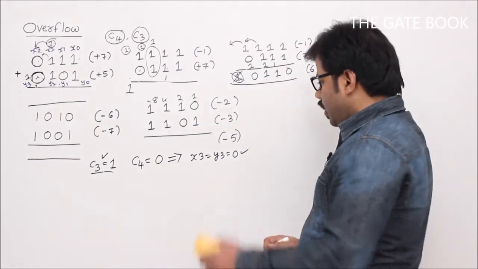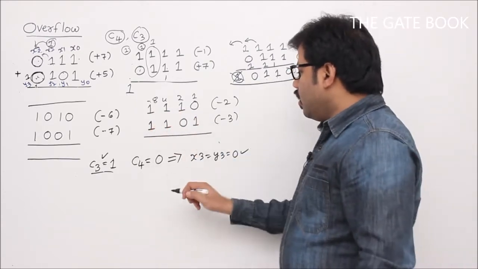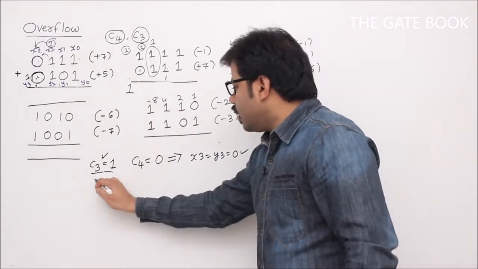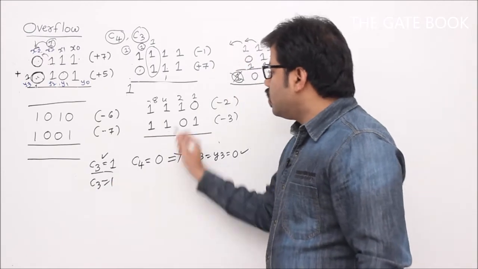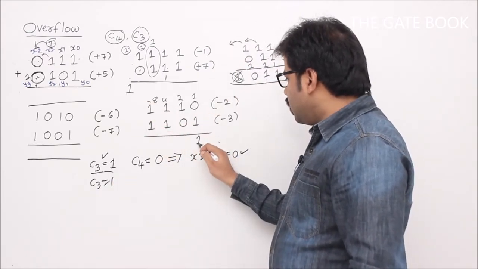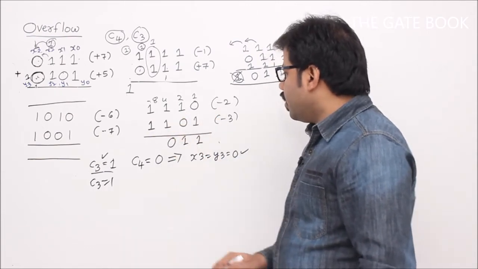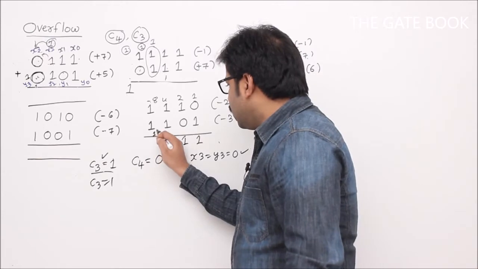Now the second case, you see where you get, and one more thing here also you see. Here again C3 is 1, isn't it? So the C4 carry is coming from here. So let me do the calculation and tell me. 0 plus 1, 1; 1 plus 0, 1; 1 plus 1, 0, right? Then carry is coming here. This is C3.